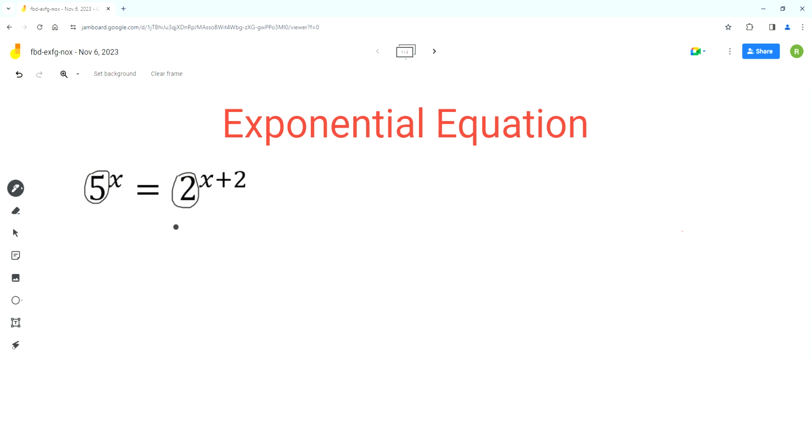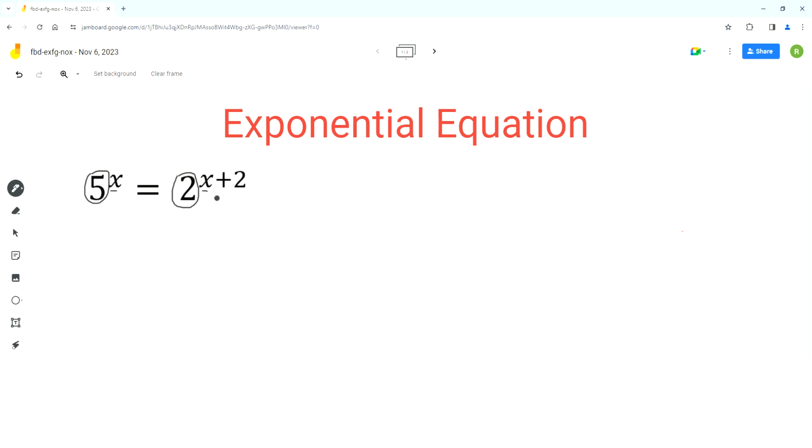Now in order to solve the exponential equation, we'll have to isolate the variable in the equation, and the variable in this equation is x. So we'll have to isolate x by applying log to both sides. Now why do we want to apply log? Because the variable x is in the exponent.